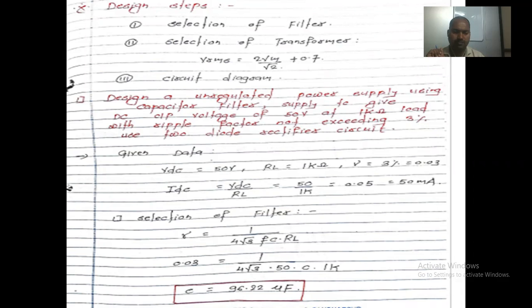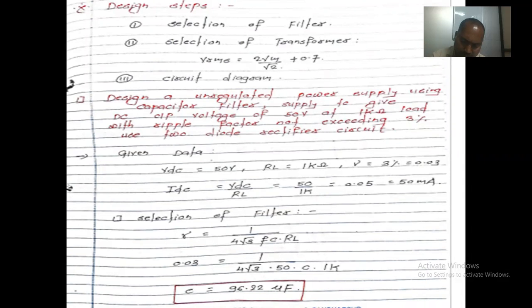Calculate it. It gives 96.33 into 10 raised to minus 6. Is it 10 raised to minus 6 or 7? Minus 6. Right. Whatever the value, because something 96 point something may change. Please tell me the value.